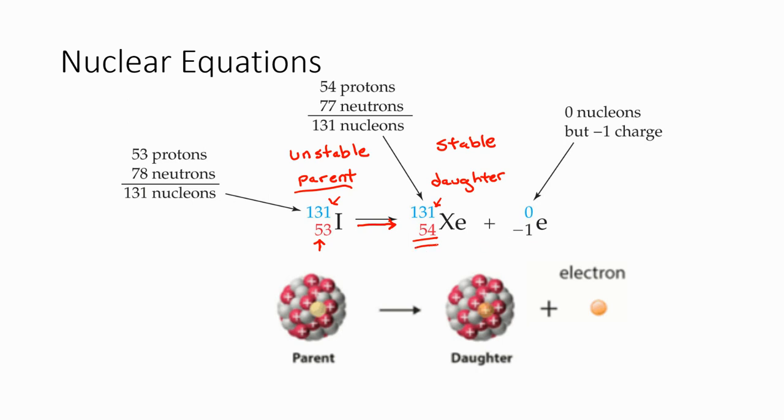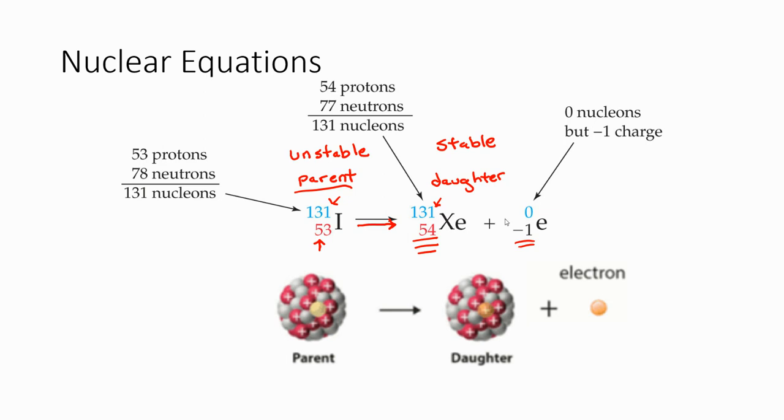While the daughter isotope has an extra proton, we balance that with an ejected electron, which we're going to come to know as a beta particle. And electrons, which we note have a negative charge and very little mass, we write the negative charge in the same place that you would usually write the atomic number for an isotope. Because electrons are essentially massless, or very, very close to massless compared to protons and neutrons, we give them a mass number of 0.